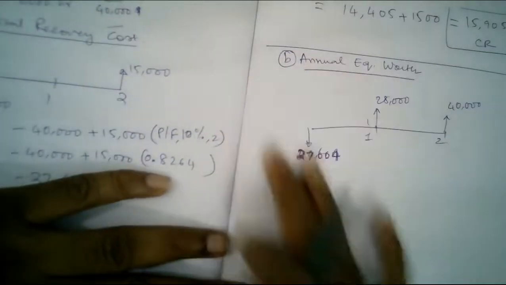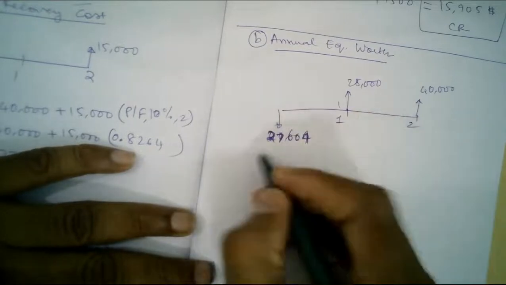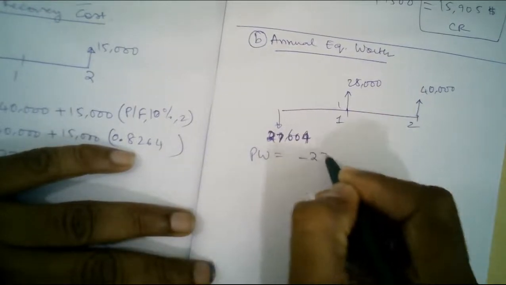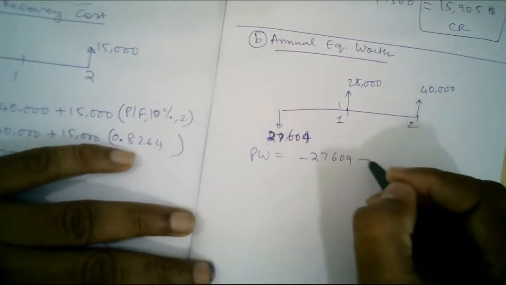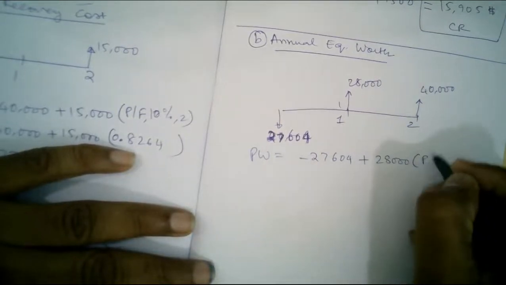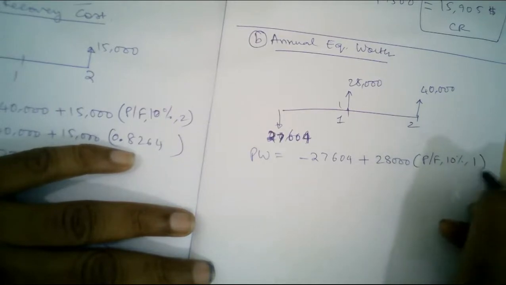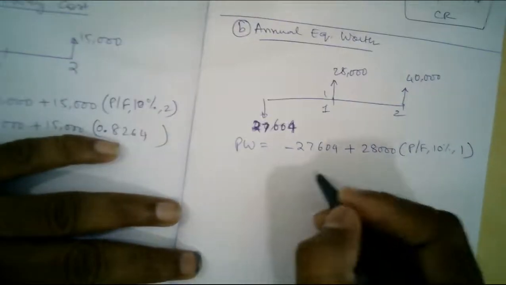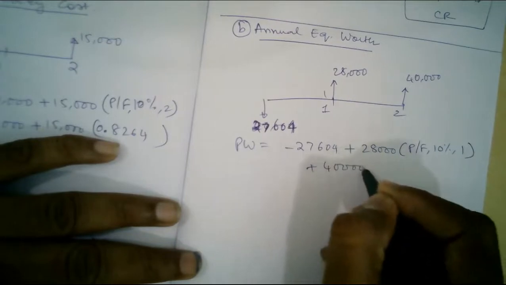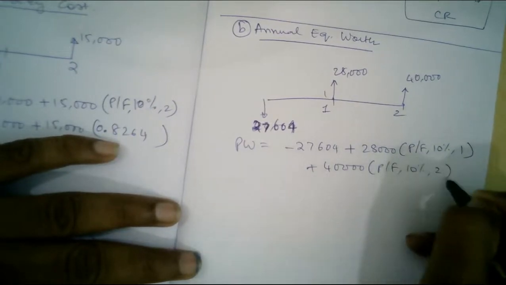Now I will calculate the present worth of all of this. So present worth is minus 27,604 plus 28,000 into P by F, 10%, 1 year, plus 40,000 into P by F, 10%, 2 years.